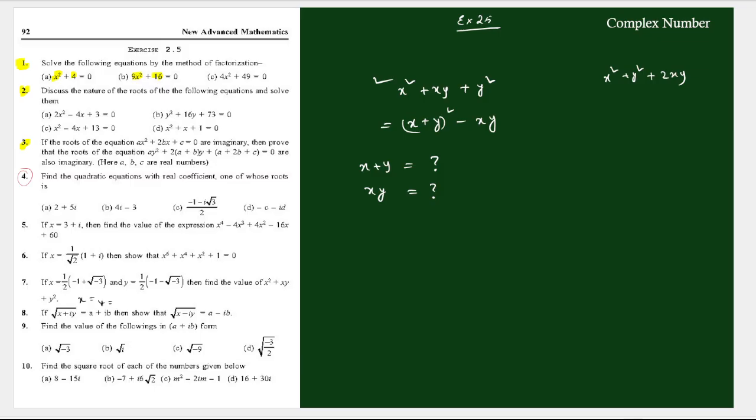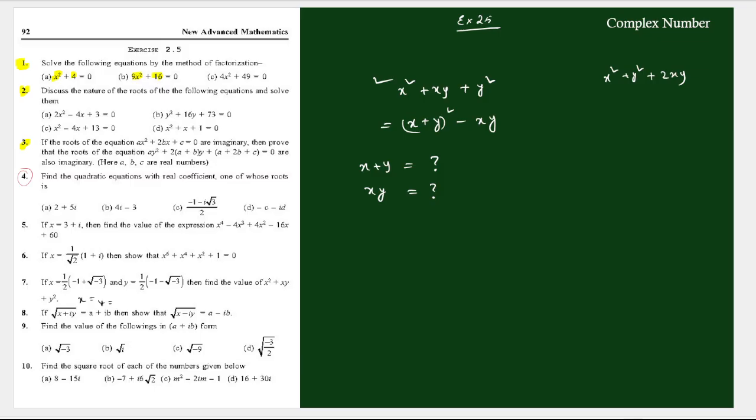Find the value of the following in a plus ib form. This is easy, you will do it. Root over minus 3 is i3, so 0 plus i3, that is your a plus ib form. So in this way you can try.